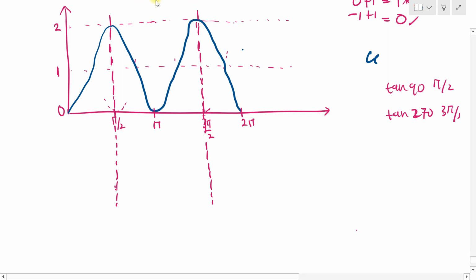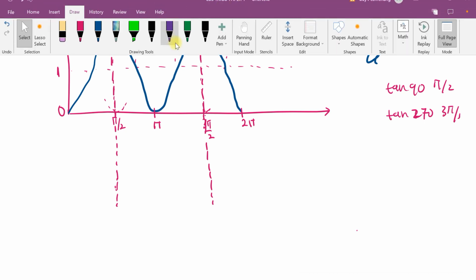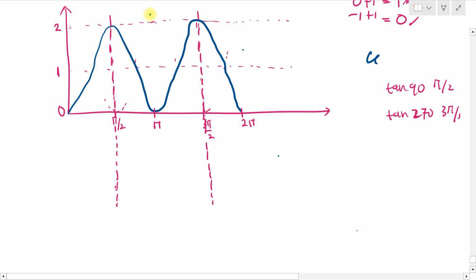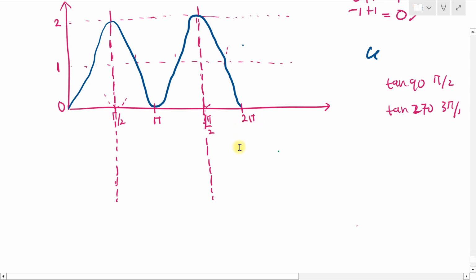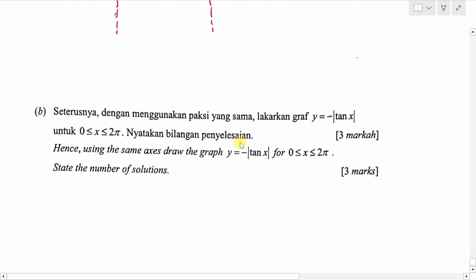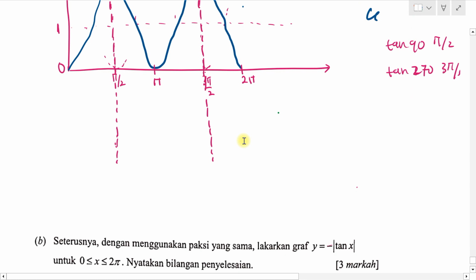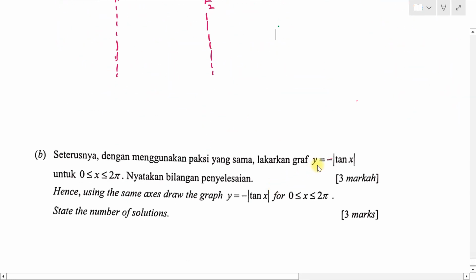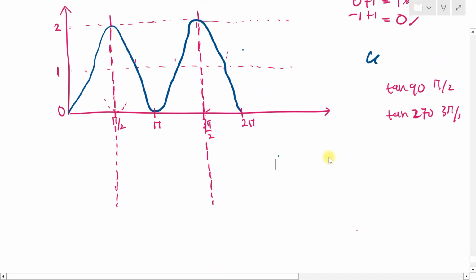Okay, so let's say you don't know how to draw the negative modulus. You draw normal first. I use the green color one. Okay, how to draw the normal? This one is negative tangent x. It does not go up and down everywhere, so it is negative 1. So it is normally like this.